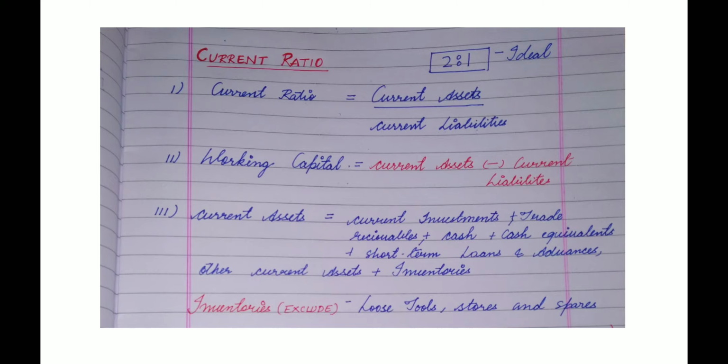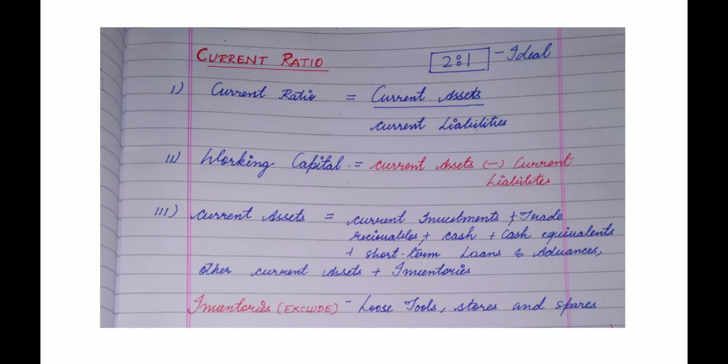That means 2 is treated for current assets and current liabilities is treated as 1. So it means the amount of current assets should be just double the current liabilities.